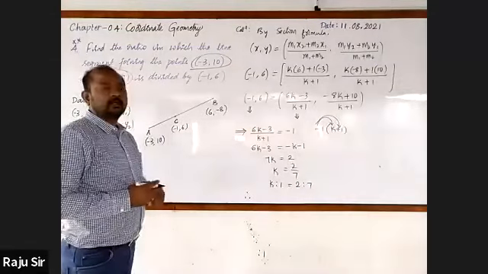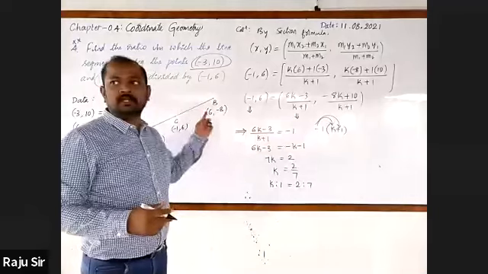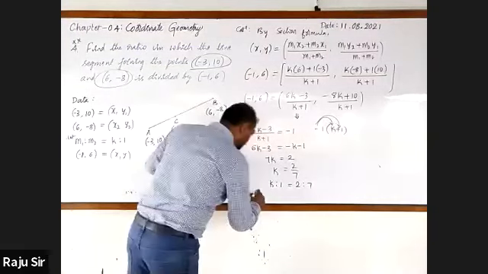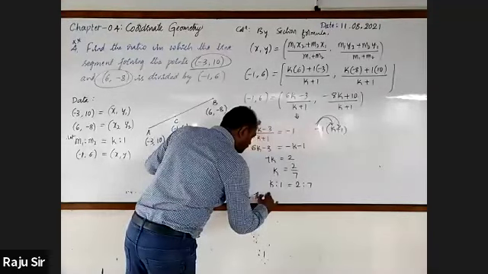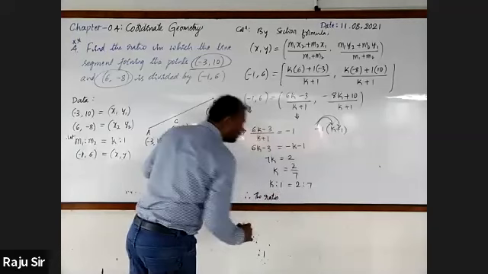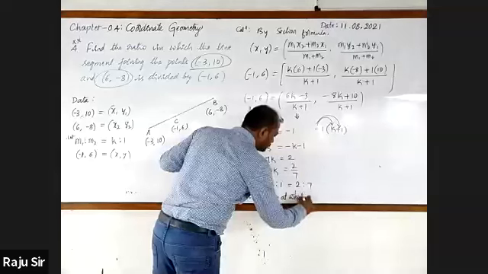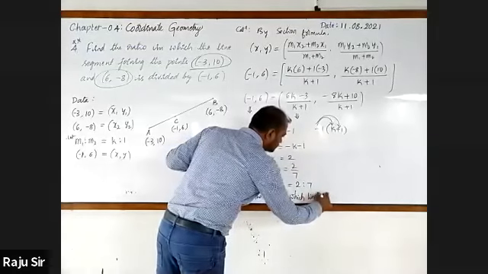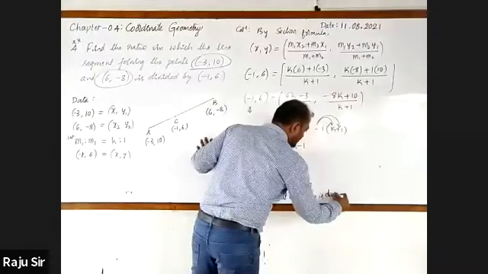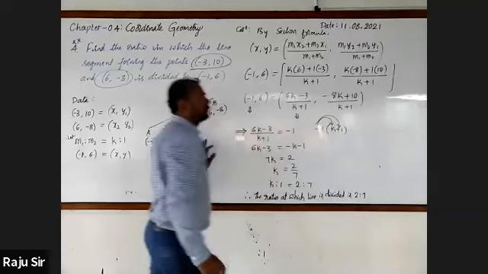Therefore, the required ratio at which the line is divided is 2 is to 7.